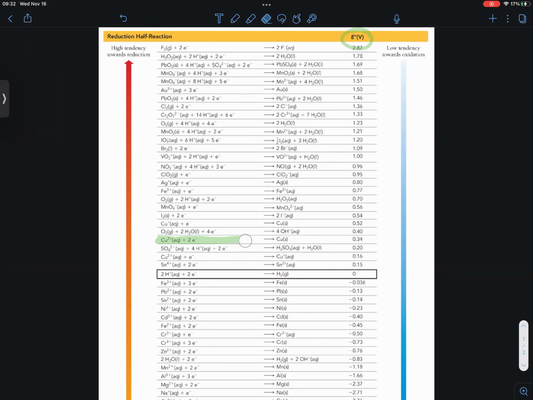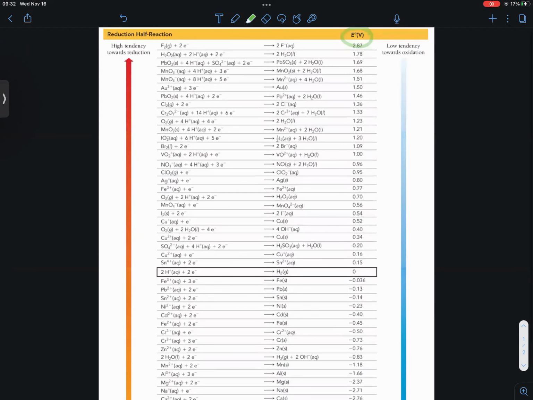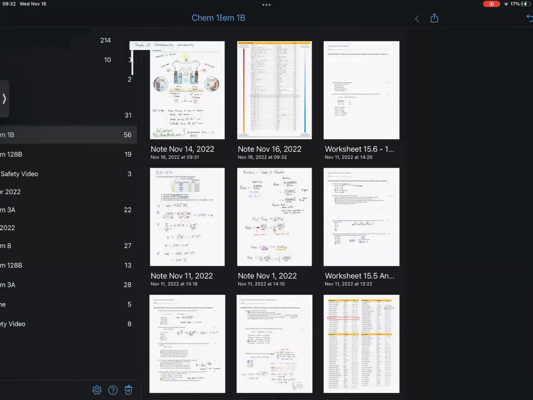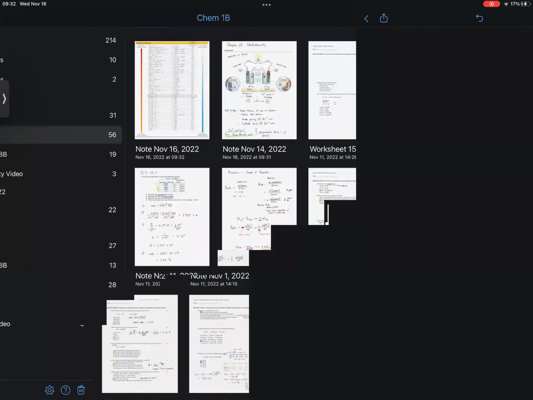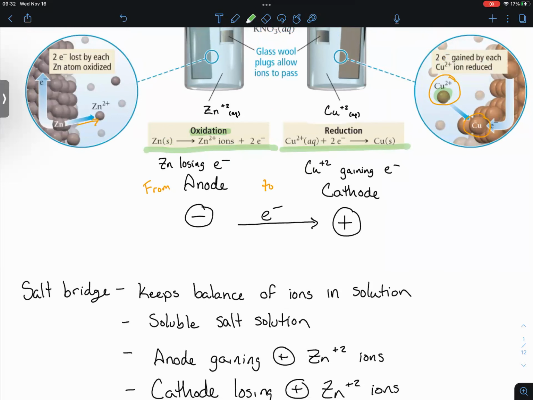And then we're going to find our other half reaction. Since our other half reaction is an oxidation reaction, let's just go back here. Since this one is an oxidation reaction, what's actually listed are reduction reactions. So we're going to be looking for the reverse, meaning we're going to be looking for zinc ions plus 2 electrons going to solid zinc.